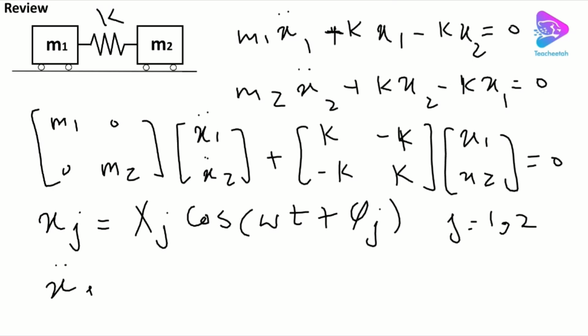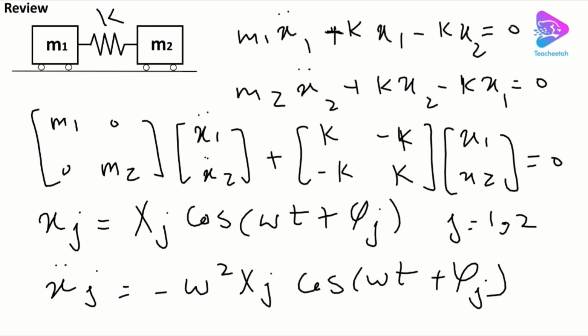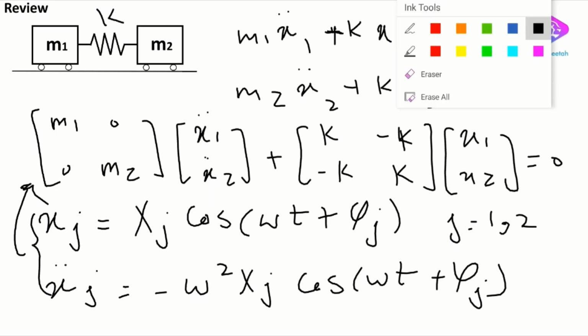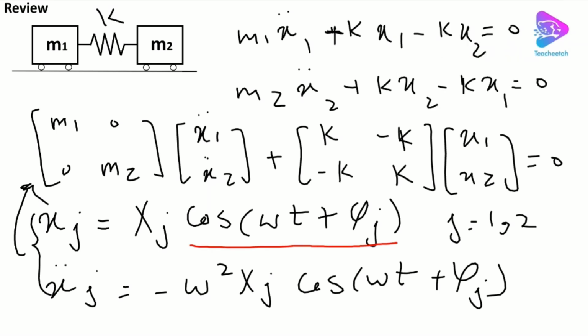So x_j double dot is equal to minus omega squared X_j cos(omega t plus phi_j). Then we plug these two terms into the above equation and factor out cos(omega t plus phi_j), because it is repeated in all components, to set the matrix of coefficients and find the determinant. These are all the steps that we took before, so I don't want to go into the details. I'm sure you remember based on the previous cases.